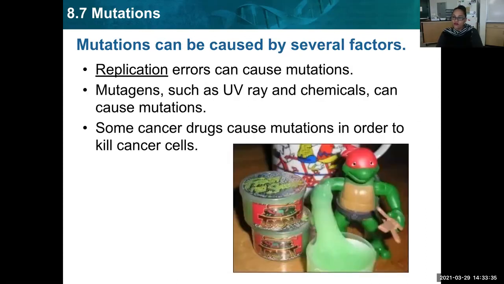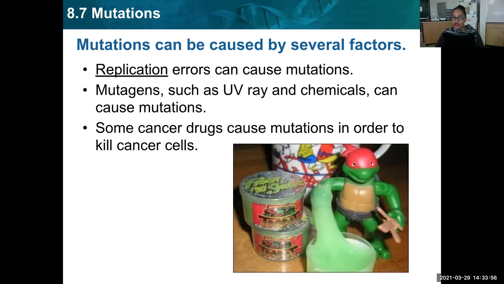Mutations can be caused by several factors. Replication errors cause mutations. That's the most common because our cells are always going through replication. Then there are things called mutagens, such as UV rays or X-rays and certain chemicals. These cause mutations.